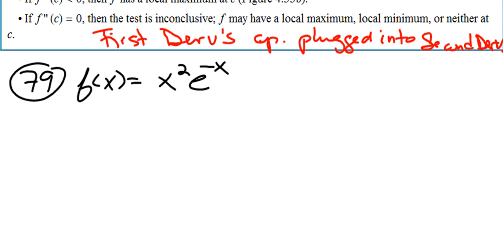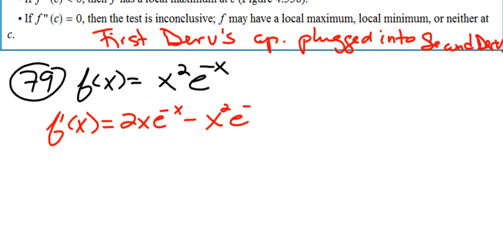Number 79, I have the function x squared times e to the negative x. So my first step is I'm going to find the first derivative using product rule, and I'm going to set that equal to 0.